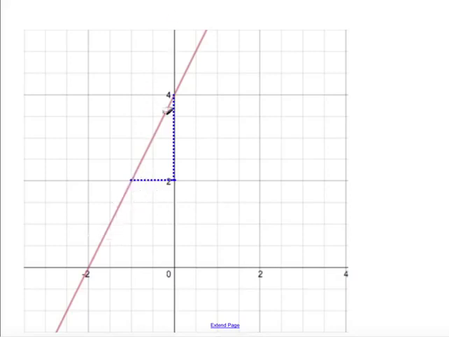And actually, we want to read from left to right, like we would a book. So we are going from -1 to 0, so we're really adding 1. And from here to here, we're really going up from 2 to 4, which is 2. So again, we have our change in y over our change in x.